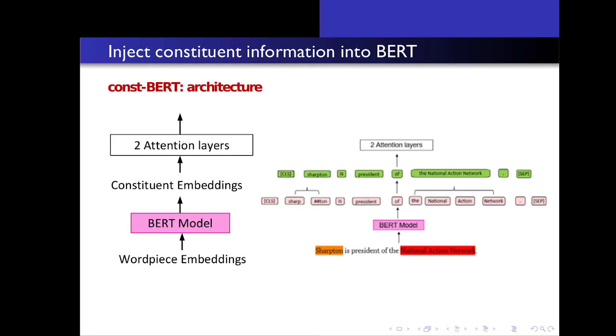These constituent embeddings will then be fed into the newly initialized attention layers, and we suppose that interactions between constituents can be captured in this way and are useful for relation extraction.